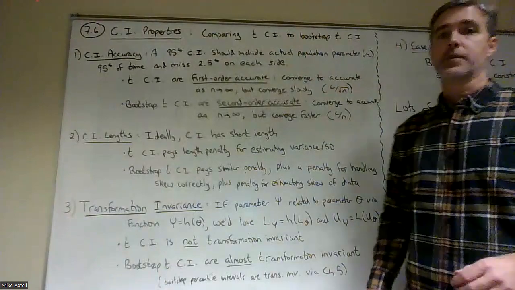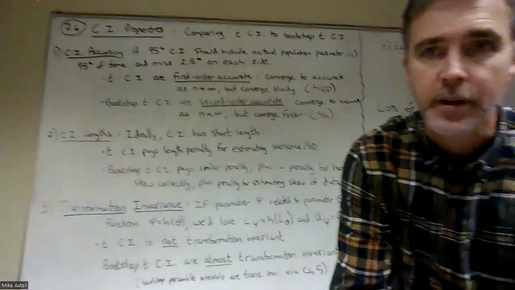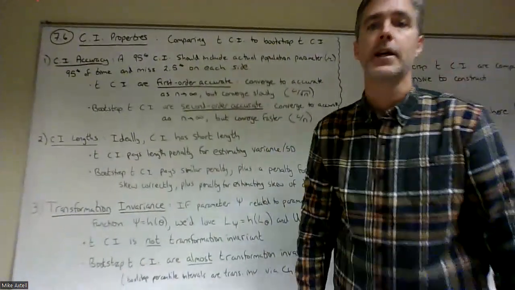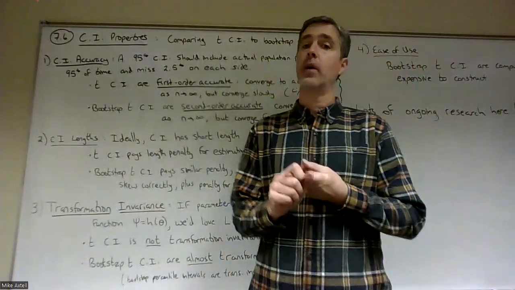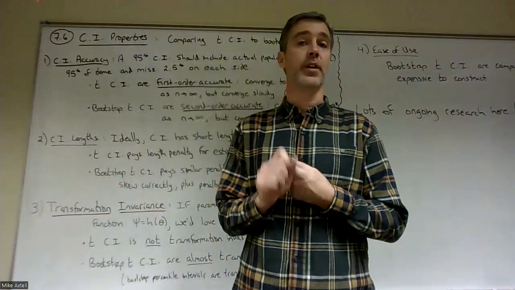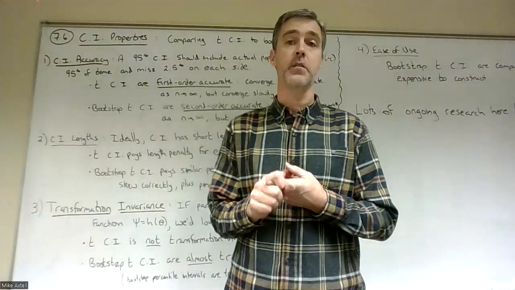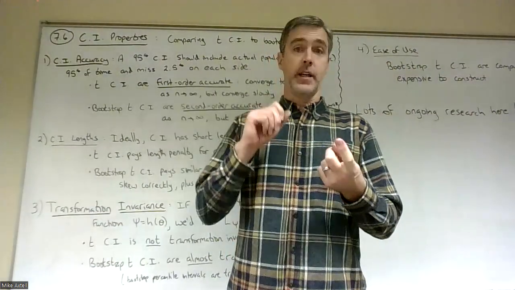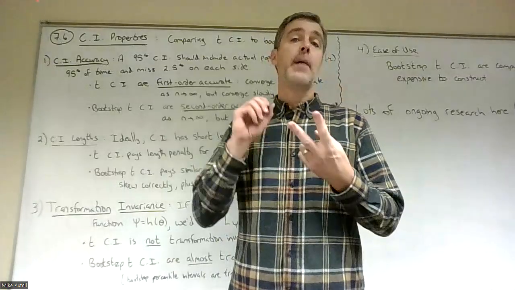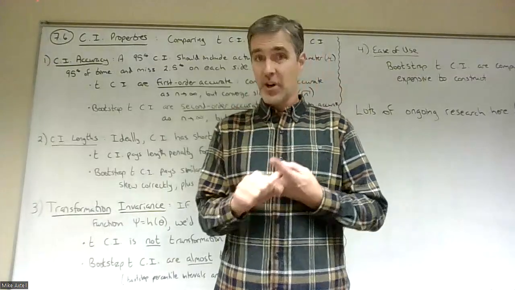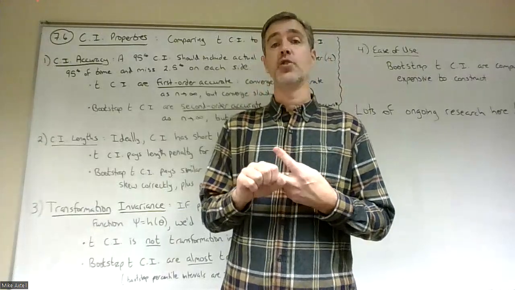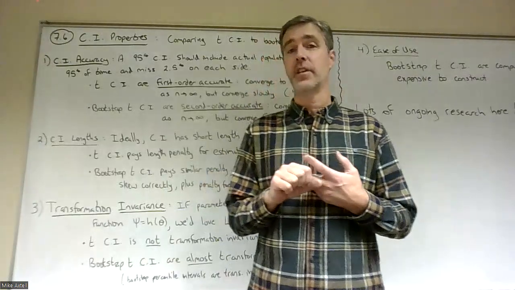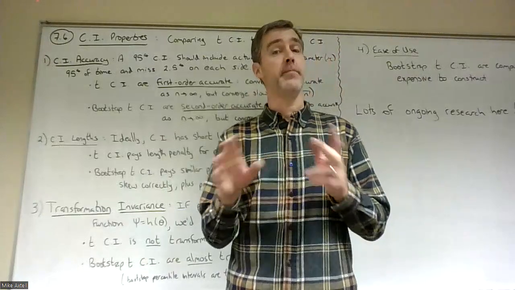Okay, so in chapter 7, we've been looking at confidence intervals, and we started with what happens if we have a normal population where we know the standard deviation or the variance. That was section 7.1, the first method. What happens if we have a normal population where we don't know the variance? That's where we introduced the t distribution, which we then said we can actually use even if the population is not normal but is symmetric.